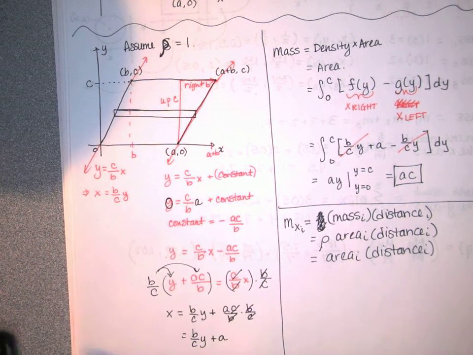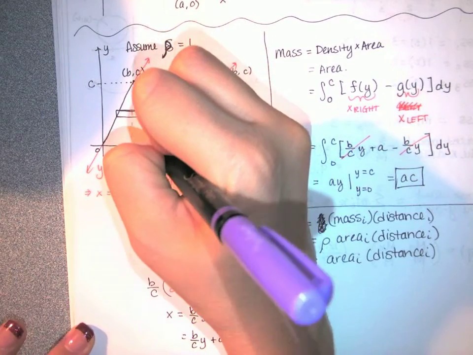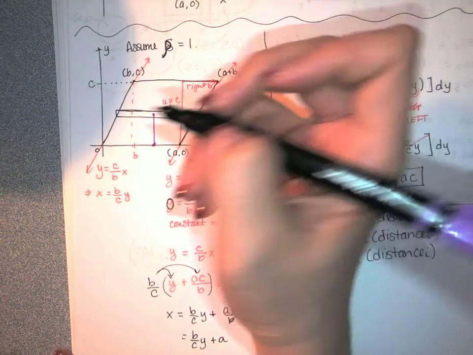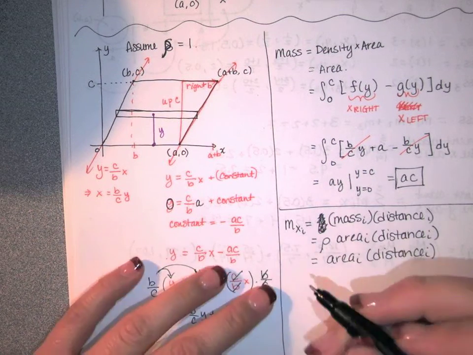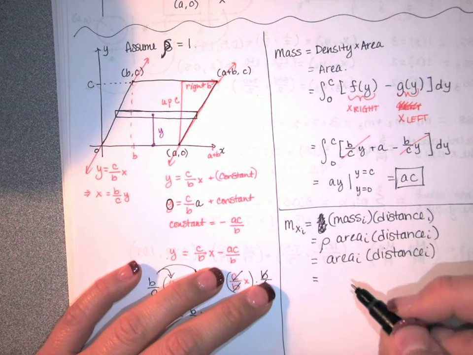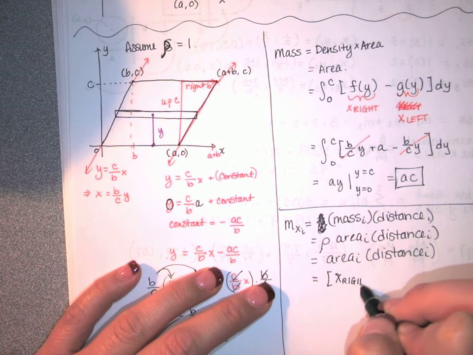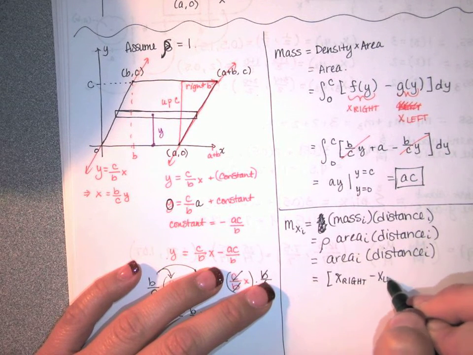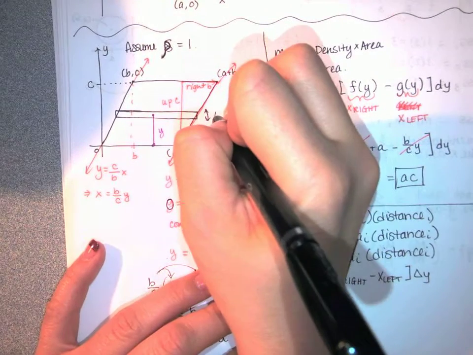Now the distance to the x-axis, when I look at this picture here, I see my distance to the x-axis. It's the distance from there to there. Well, that's just y. So my area is the x function on the right minus x on the left times delta y, because I see that.